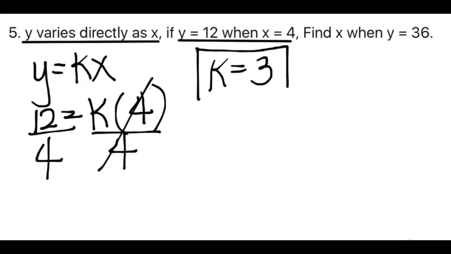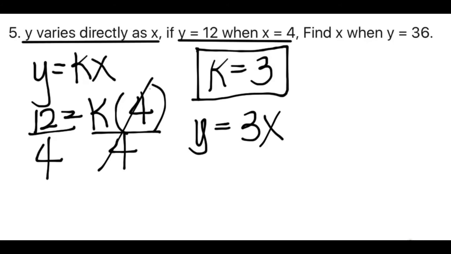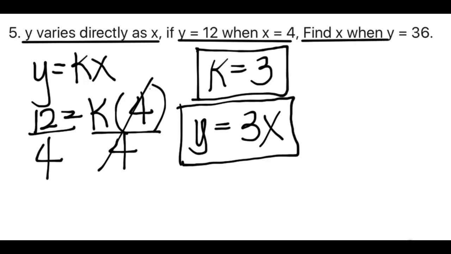Now, meron na tayong constant of variation. We can now have our equation of variation, which is y equals 3x. So, gagamitin natin itong equation para makuha yung value ng x. So, substitute lang natin ulit yung second given, which is 36.